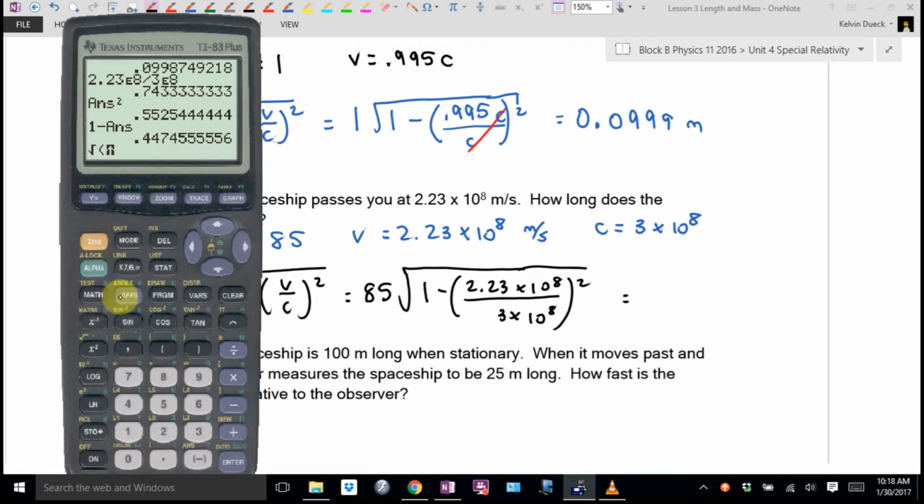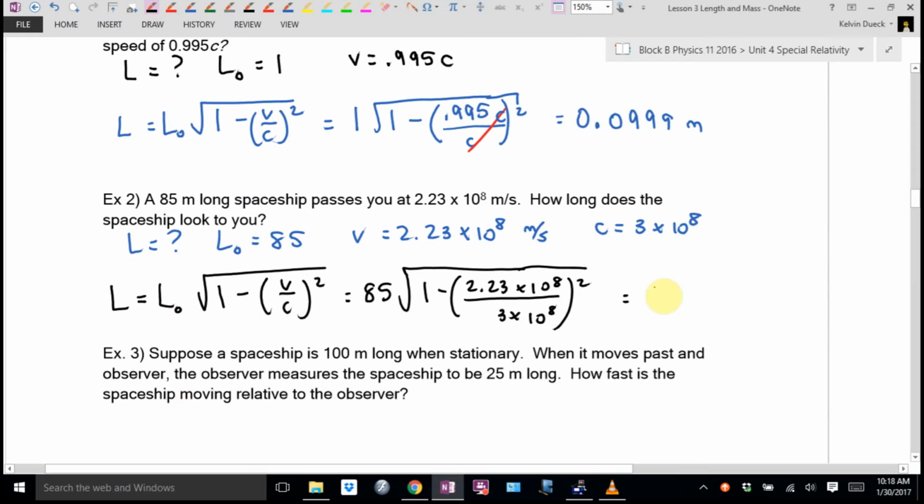Square root of that times 85. And I get the ship as 56.9 meters long.